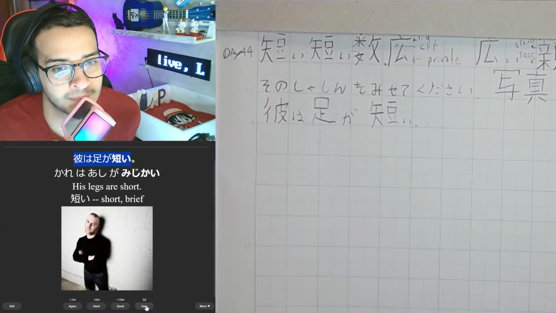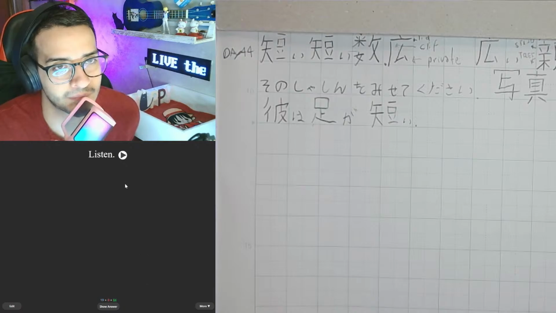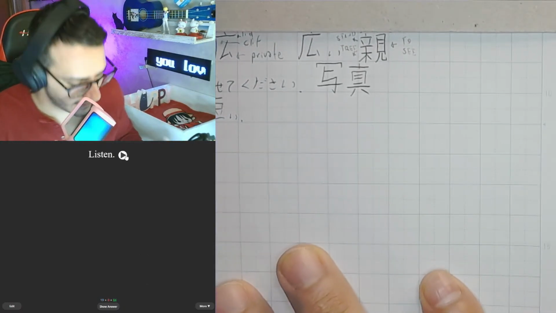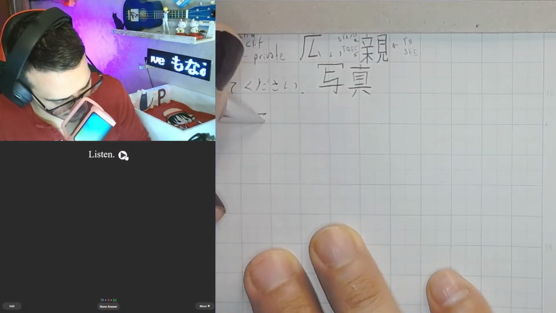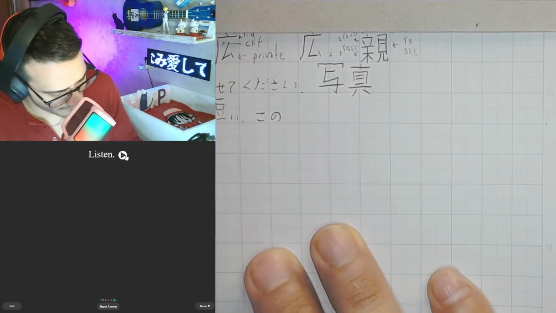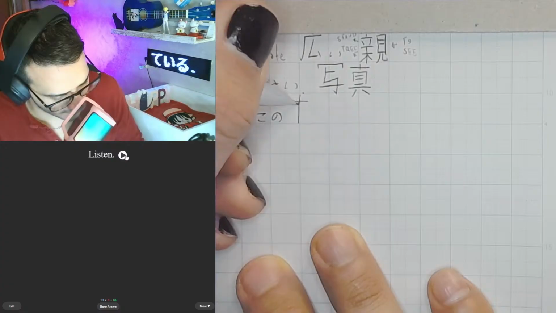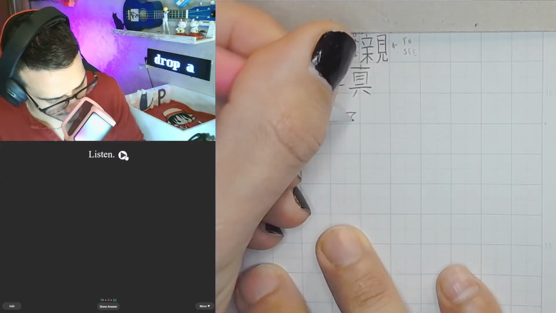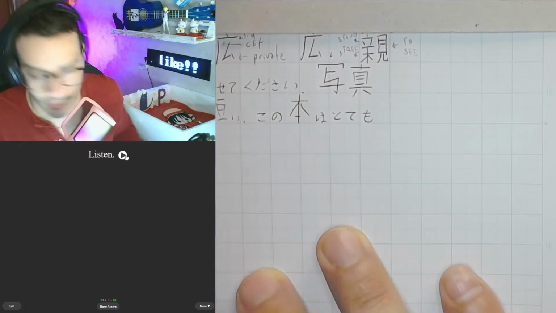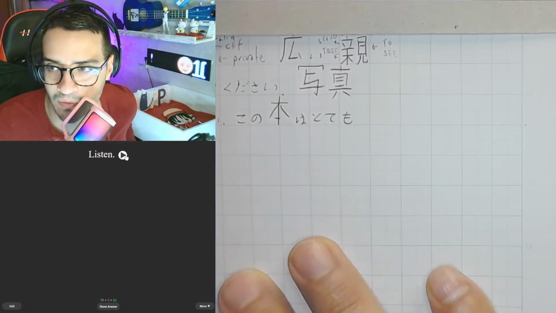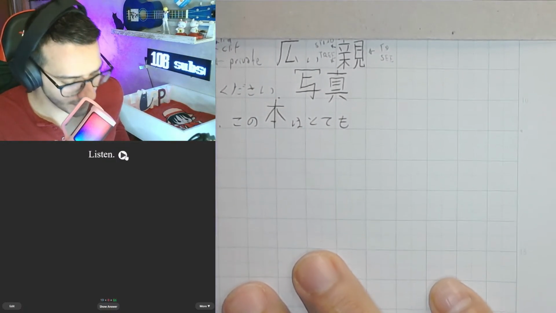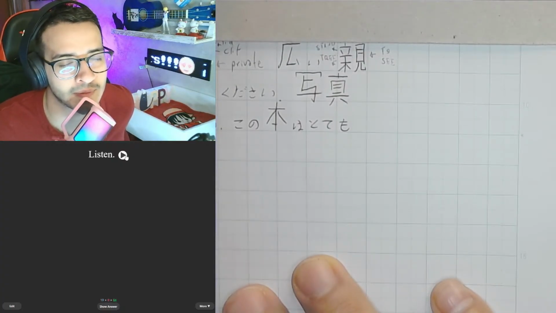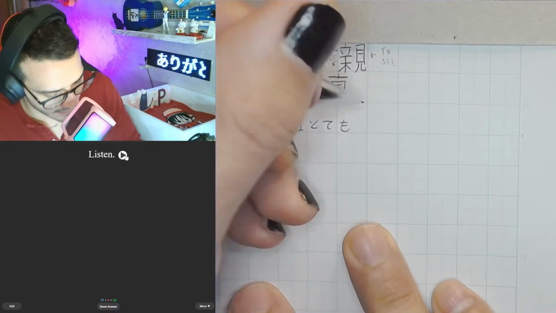Okay. Easy. この本はとても面白い。Listening. So for the kanji for 面白い, you need to think of a white mask, right?